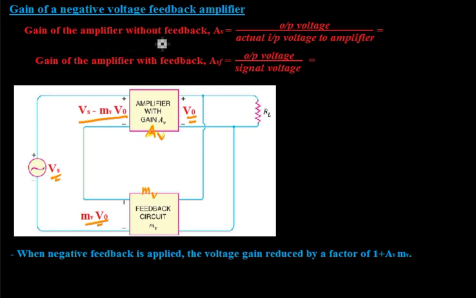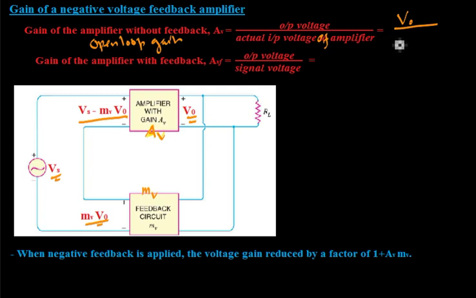The gain of the amplifier without feedback, that is AV, or we can call it the open loop gain, is given by the ratio of the output voltage to the actual input voltage of the amplifier. That is, the output voltage V0 divided by the actual input voltage of the amplifier.